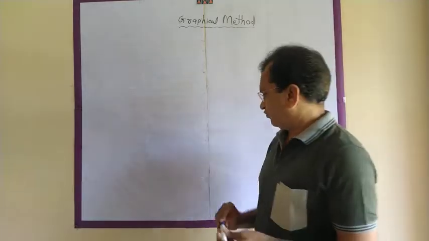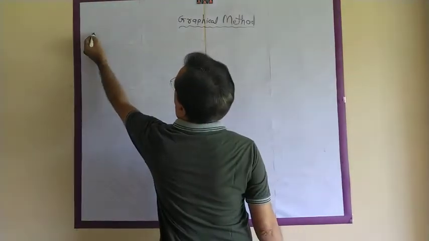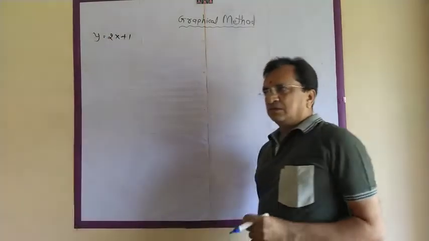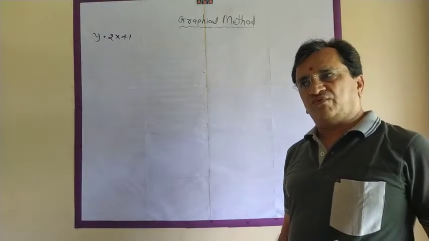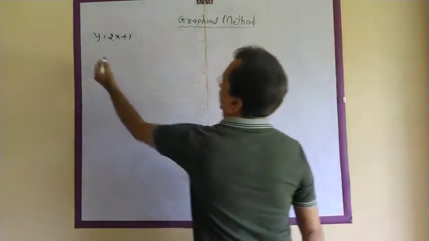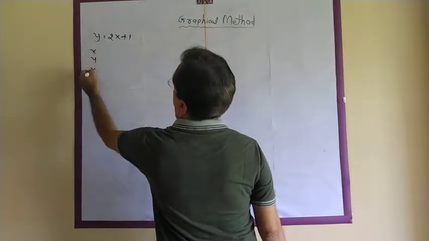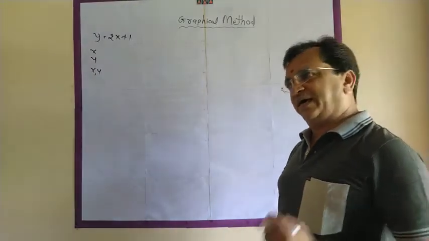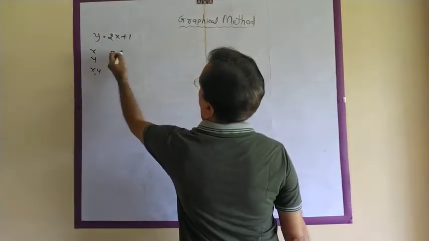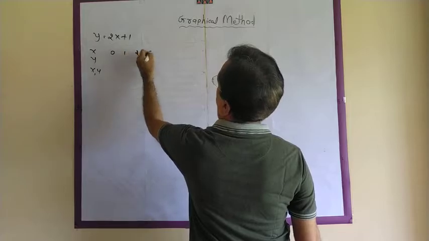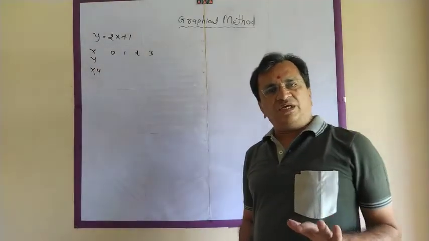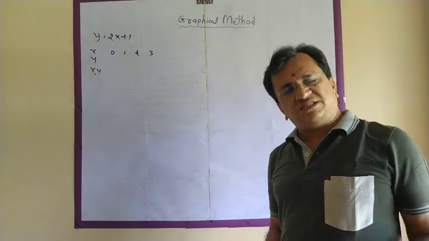and then I will give some sums to do as homework. So first I will take an equation in the form of y. At that time you have to consider the coefficient of x first. Always 0, 1, 2, 3. To substitute 0 in any equation is easy.